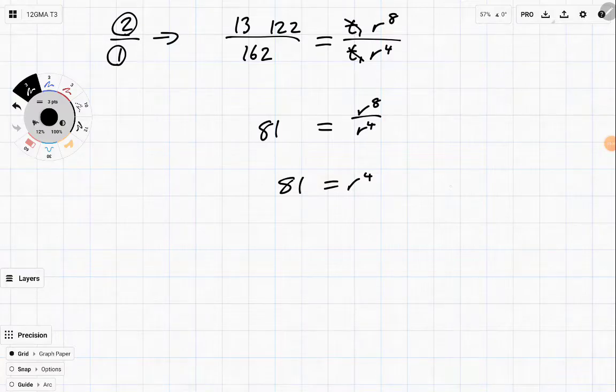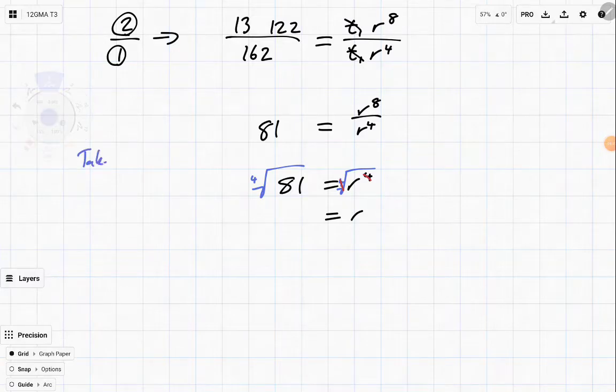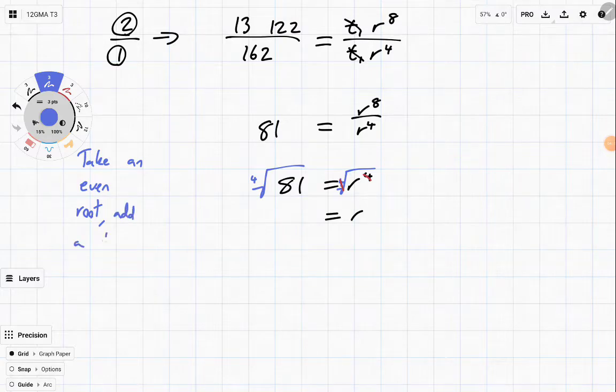Now, just as a reminder, the opposite of to the power of 4 is the 4th root. So we're going to take the 4th root of both sides here. That cancels on the right-hand side, so we're just left with r. And on the left-hand side, wait, just be careful. Anytime you take an even root, meaning a square root, a 4th root, the 6th root, the 8th root, you need to add a plus or minus symbol, because it could have been plus or it could have been minus.